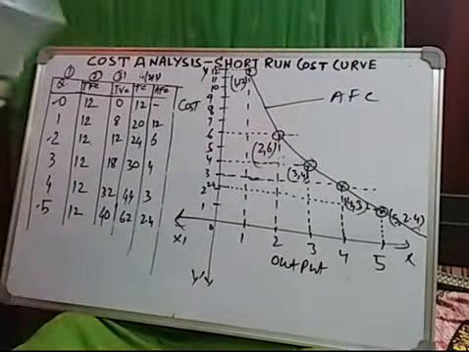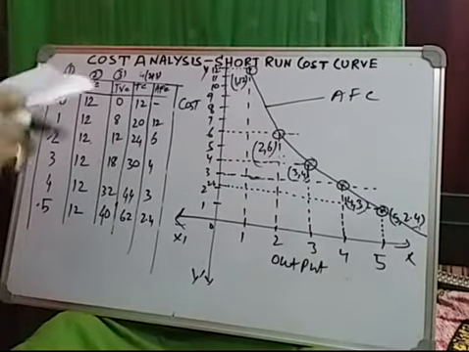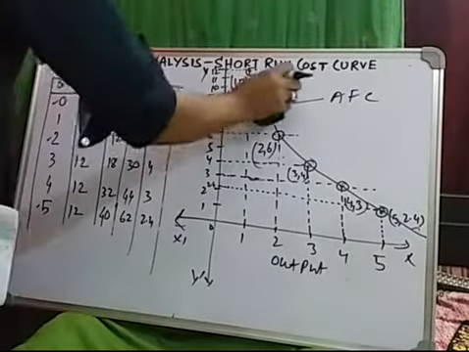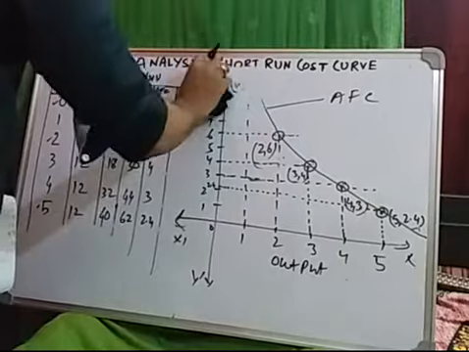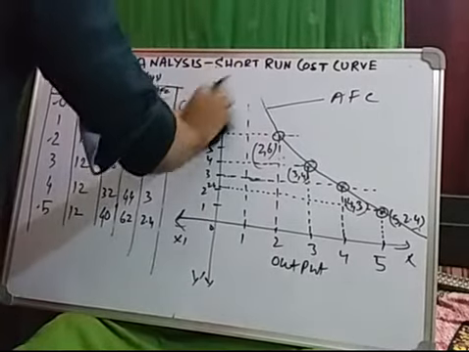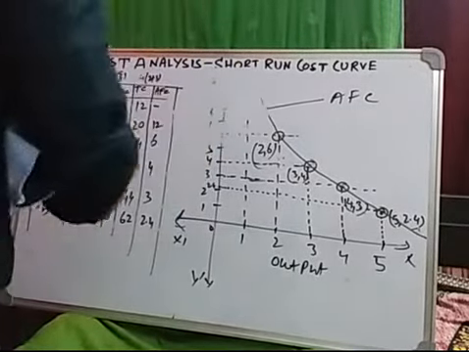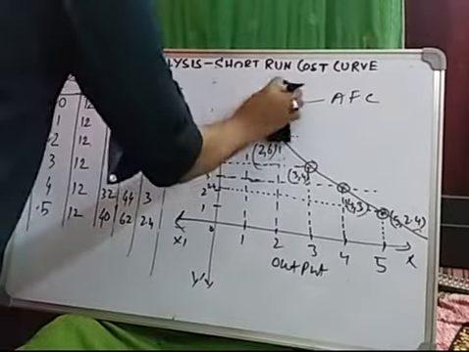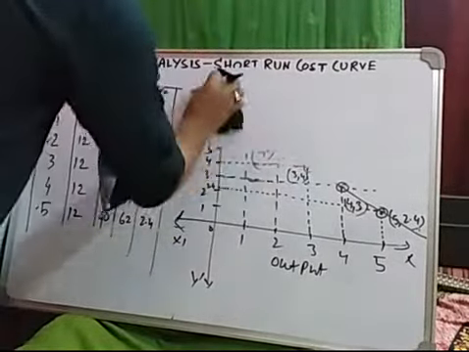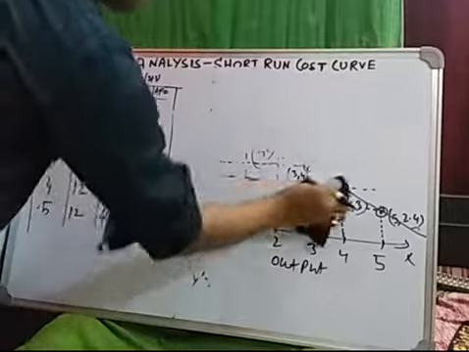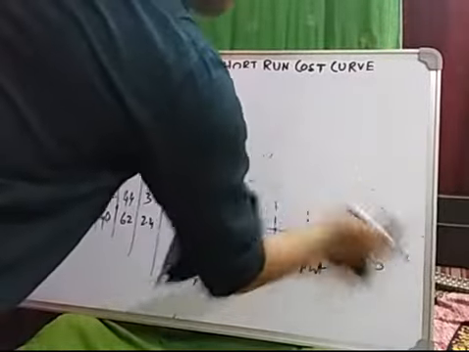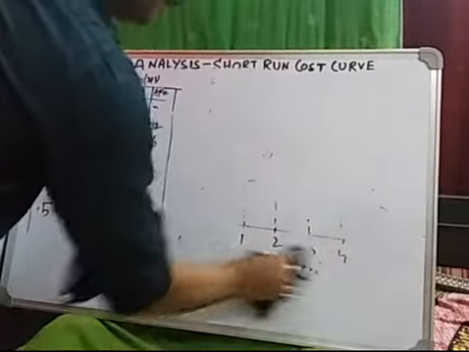Clear? AFC curve is clear. Now is the AVC curve. So how can I get the AVC curve? The AVC is equal to TVC by Q. Now go through the data.